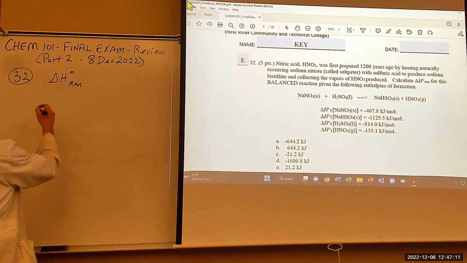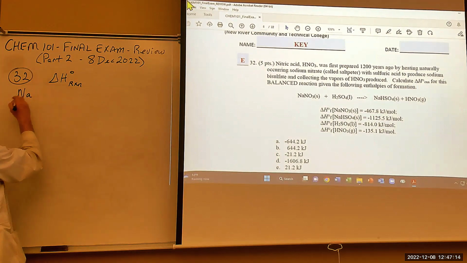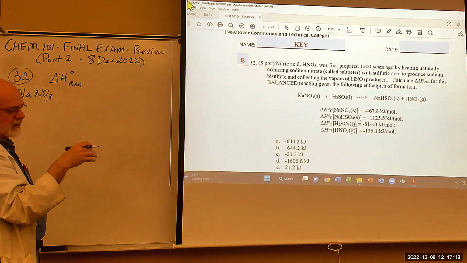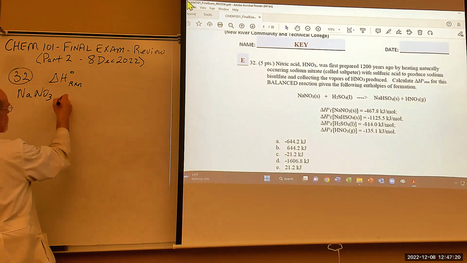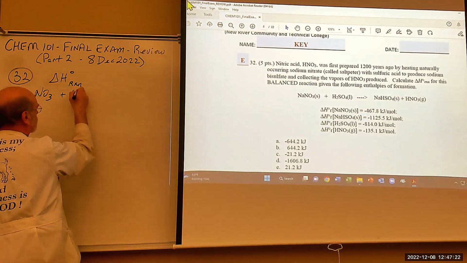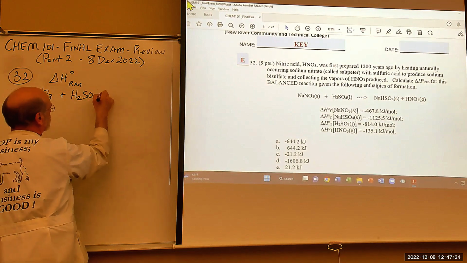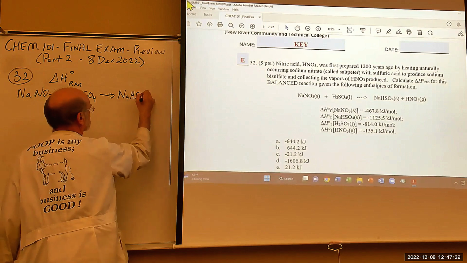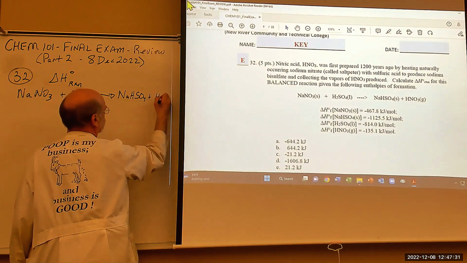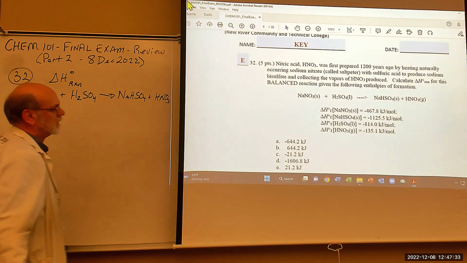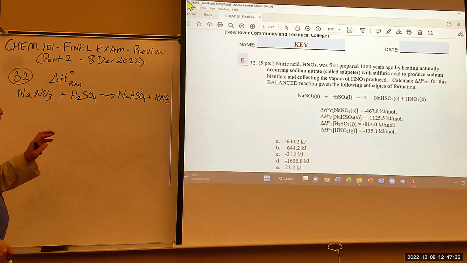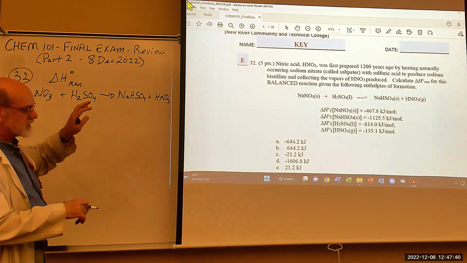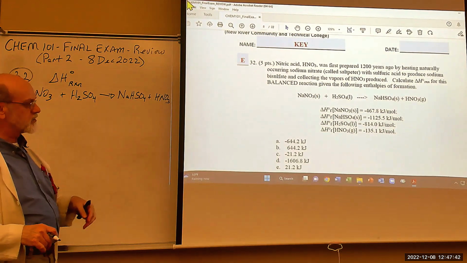All right, so if we have this equation, sodium nitrate, I'm going to leave off the phases simply because we don't have a lot of room, plus H2SO4 yields sodium bisulfate plus HNO3. Okay, so we're given these values for the heats of formation. Each of these heats of formation is listed there below the equation.